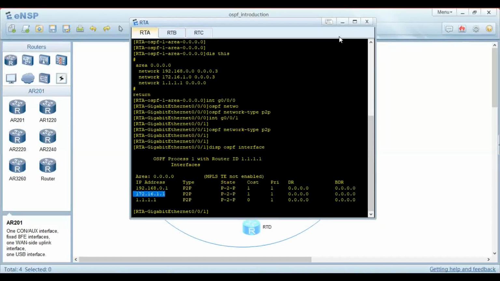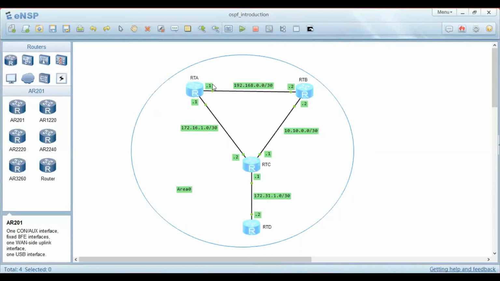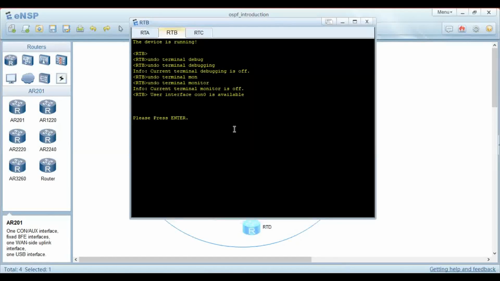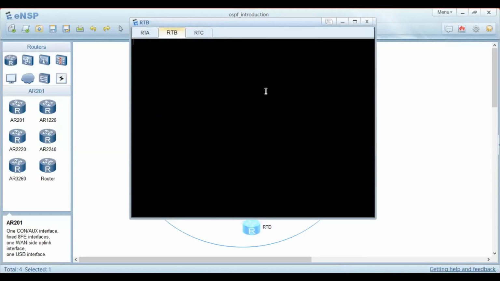Great. Now, for it to work, remember our process is to establish a neighbor relationship, so we have to configure another neighbor. We have to configure the other router to be a neighbor to router A. Let's undo terminal monitor here so that we do not have those synchronous messages coming through. We clear this.